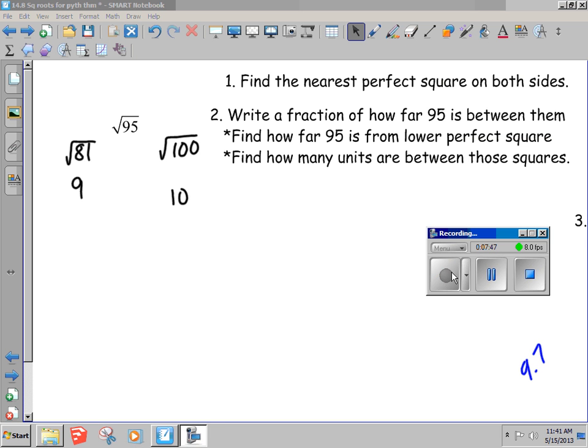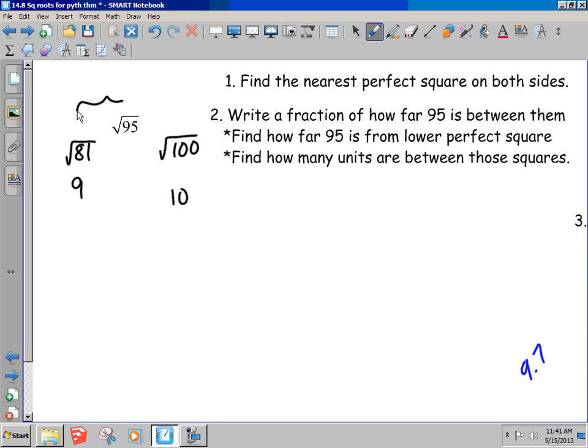Okay, so we got to figure out, this answer is 9 point something, and we're trying to figure out 9 point what would be a good estimate. So basically, you want to find out how far are 81 and 95 apart. Like if they're on a number line, how many units are 81 and 95 apart from each other? How many places on the number line are they apart? Brian? 14. 14. If you didn't know that, you just do 95 minus 81 equals 14. They're 14 units apart.